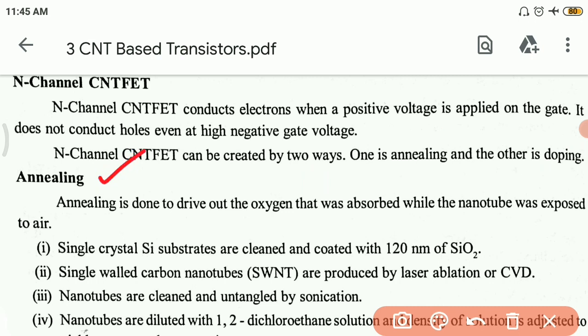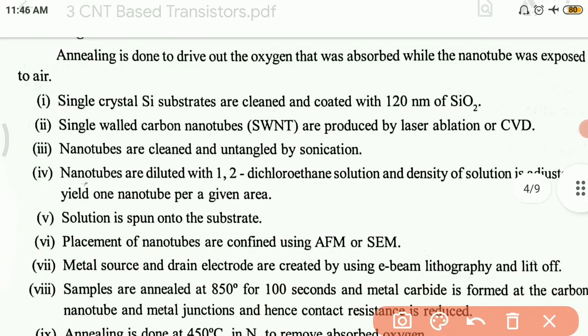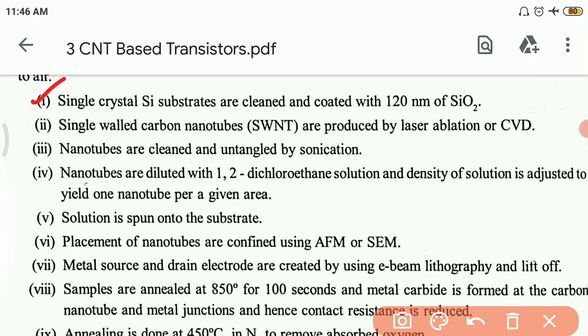It is done to drive out the oxygen that was absorbed while the nanotube was exposed to air. For this, the following steps are adopted. First, the single crystal silicon substrate is cleaned and coated with a 120 nanometer layer of SiO2, silicon dioxide.